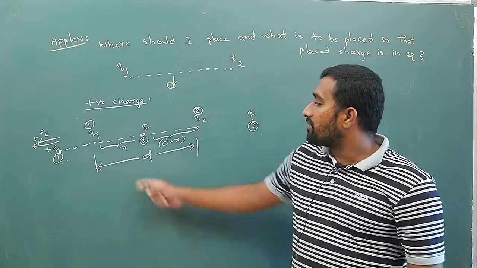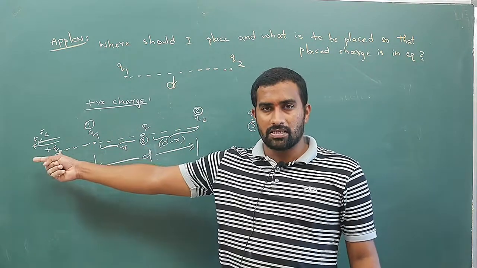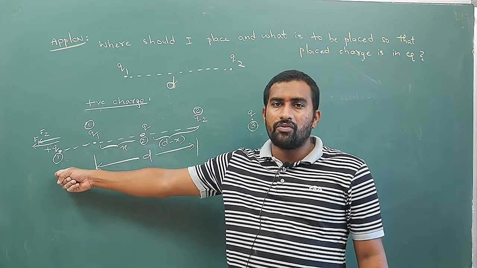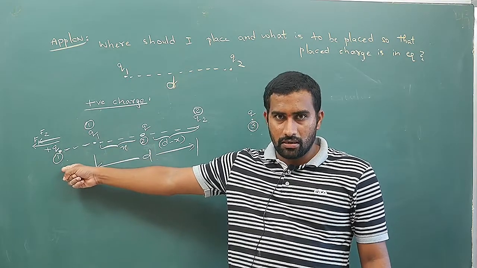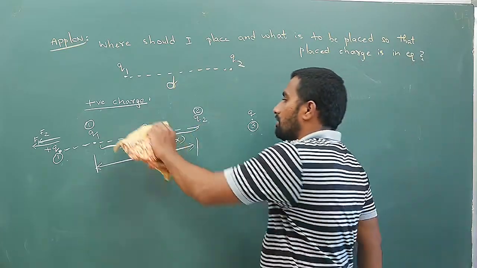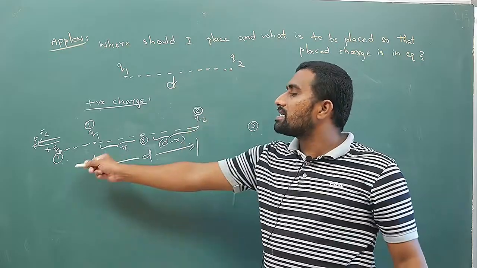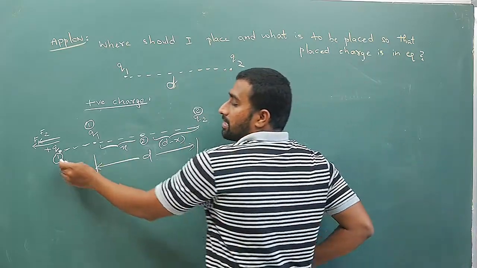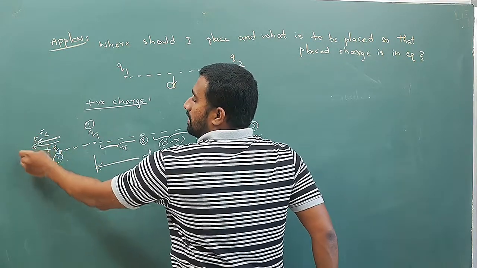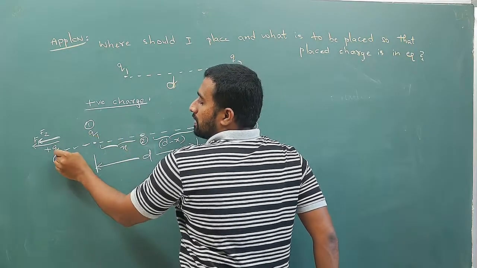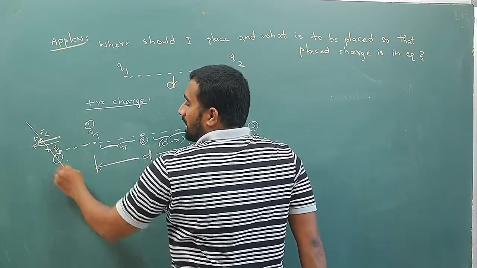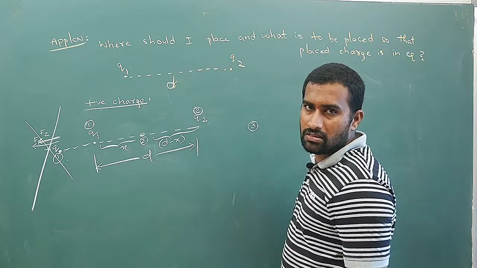So in this case, at position 1, if you are placing this charge small q, two forces from Q1 and Q2 are both repelling, and two forces acting in the same direction cannot bring net zero force.